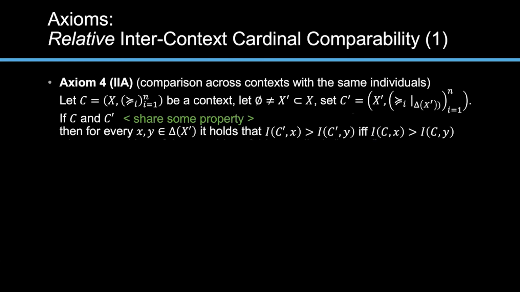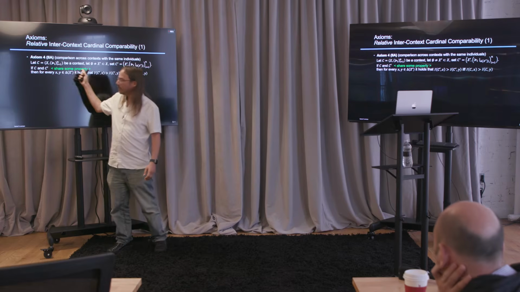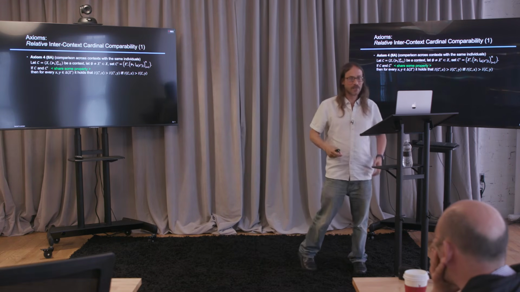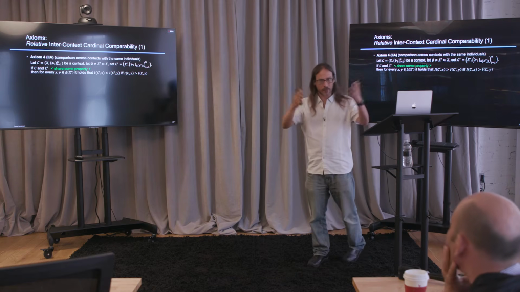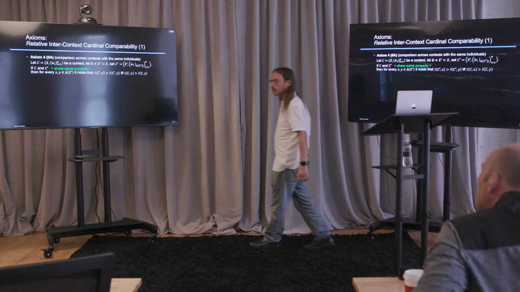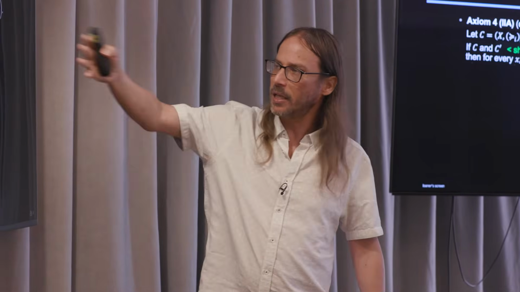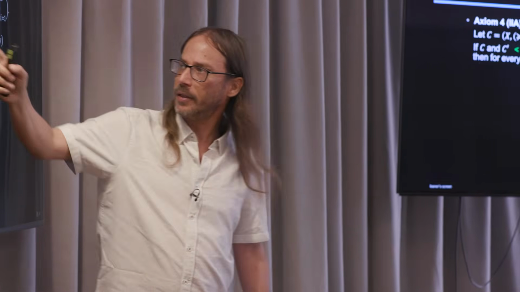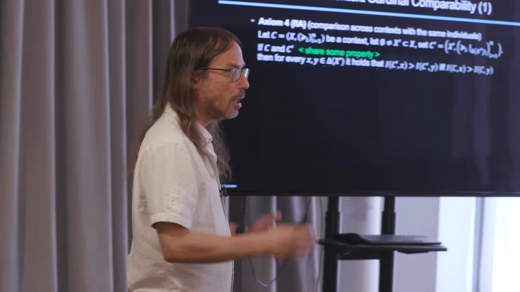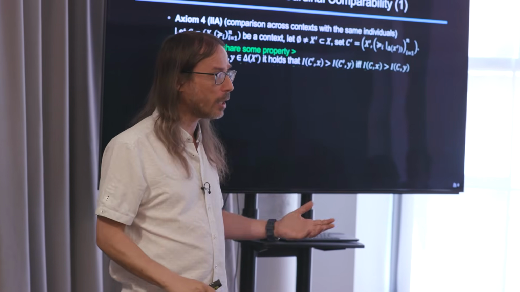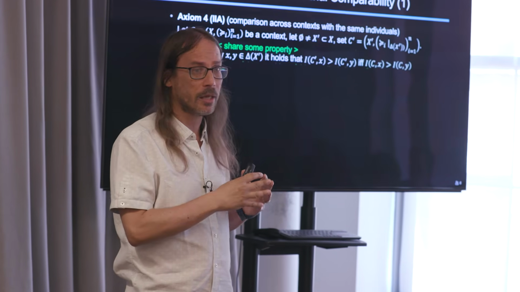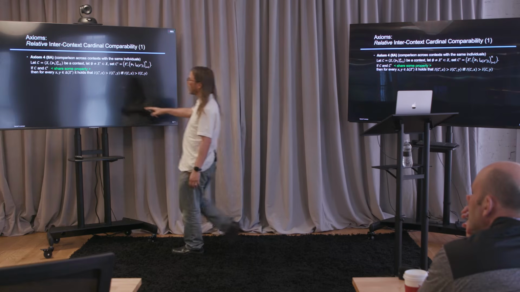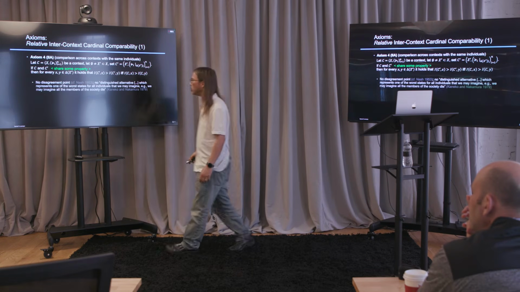So you drop some stuff and you say if these share some property, have the same indifference point, have the same disagreement point, whoever has seen such papers knows what I'm talking about. If they share some property, then for every 2 alternatives, if the inefficiency of one is lower than of the other in one context, it should be lower than the other in the other context as well. So we need to understand what "share some property" should mean here.